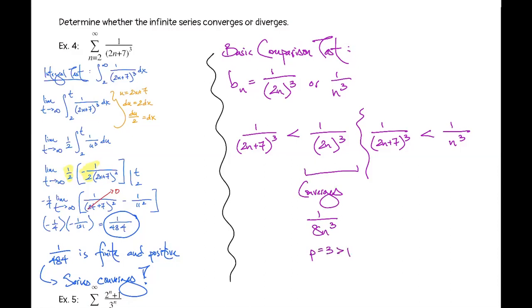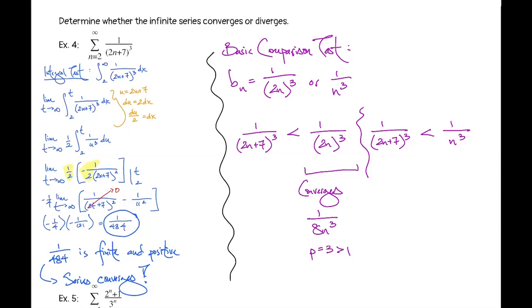Perfect. So if you simplify it, like Leo said, you'll get 1 over 8n cubed, and then 3 is larger than 1, so that converges. And I think this one is a little bit more clear, right? We don't have to do any simplification, but we know that it converges, and our p is equal to 3, which is greater than 1.